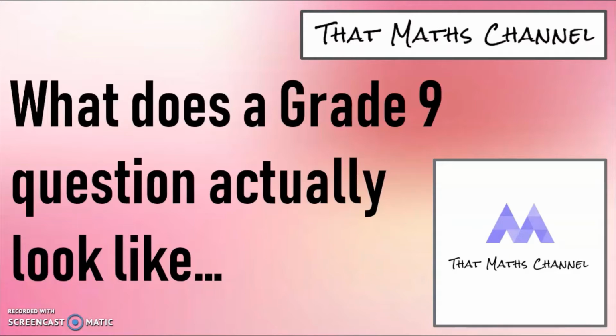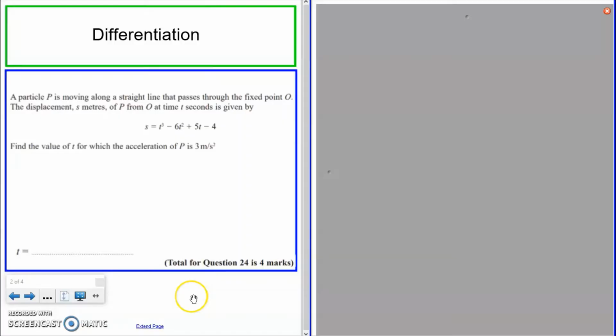The simplest way to identify these questions is to look at the very last question in recent GCSE Maths papers. Here are some of those questions. Let's have a go at this question, which is asking you to apply differentiation.